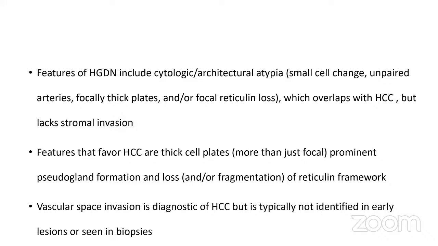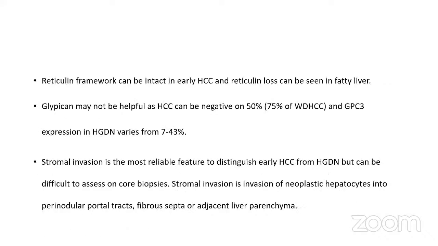Sometimes on needle core biopsies, you do not have the edge of the nodule to evaluate for stromal invasion. Features that favor HCC are thick cell plates, more than focal, prominent pseudogland formation, and loss of reticulin framework. Vascular space invasion is diagnostic of HCC, as is stromal invasion, but this is sometimes difficult to see in early lesions or on biopsies.